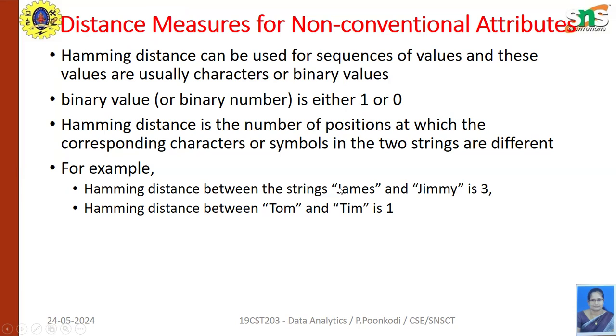So the distance between these two strings is 3. And you can consider Tom and Tim. If you consider these two strings, T and M will get cancelled. Here, if you consider Tom, only one character is left. And if you consider Tim, here also only one character is left.